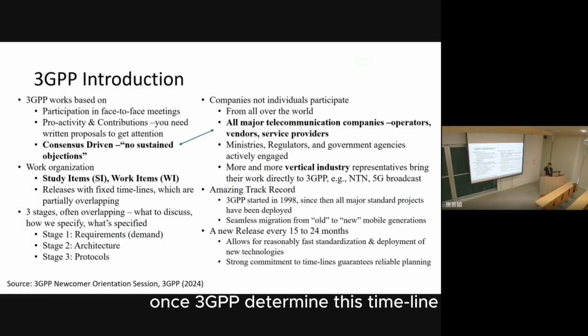Once 3GPP determines this timeline, meaning they say this new release will come up and finish at what time, 3GPP will do their best to meet this timeline, because if they have any delay, that means all the product development process every company has planned for, not only starting implementing, even the commercialization timeline, even the whole roadmap and resource allocation can be affected.